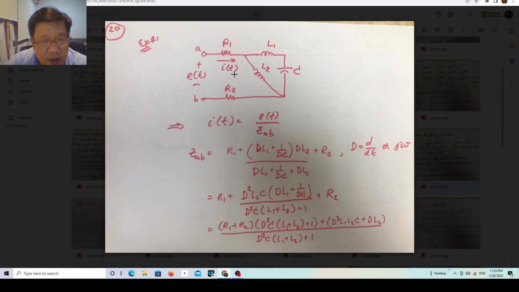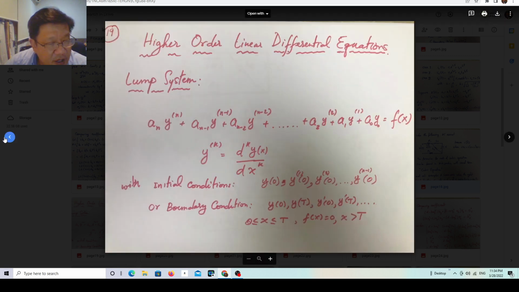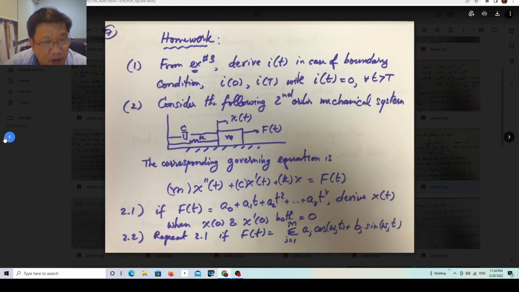We are interested in finding the current function over time for a given dynamic input voltage over time, E of t. So we can apply the previous concept from the last example, example one. You remember the electrical circuit problem.